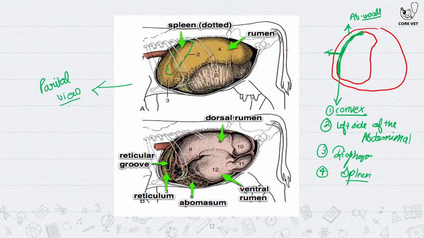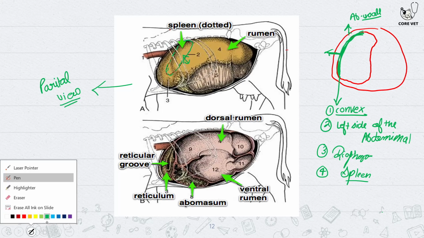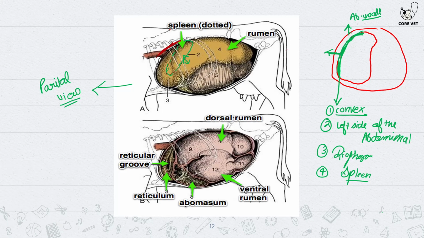The spleen is just in contact with the rumen, and the diaphragm is also placed in contact with the parietal surface of the rumen. So what about the parietal surface? It is convex. It is in contact with the left side of the abdominal wall, with the diaphragm, and with the spleen itself.